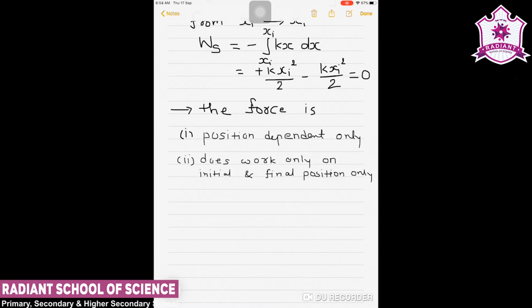And thus the spring force is a conservative force. So someone may ask you why the spring force is conservative.